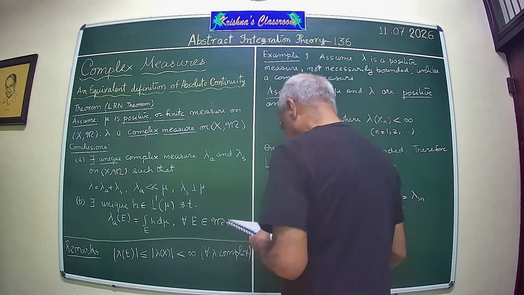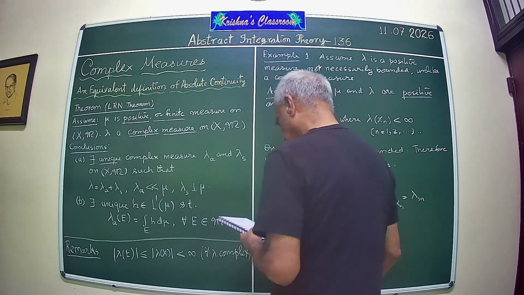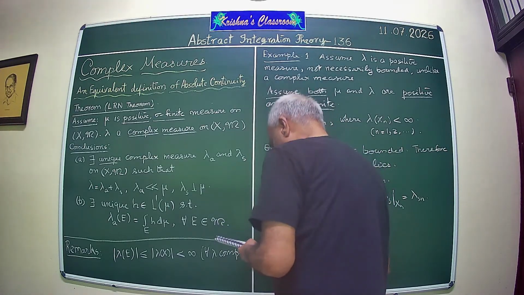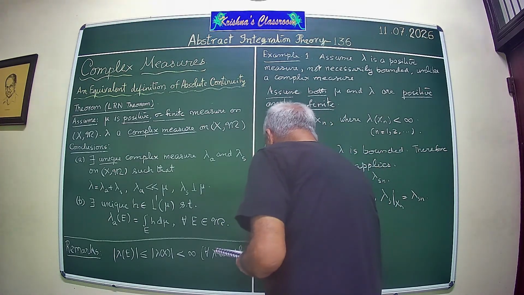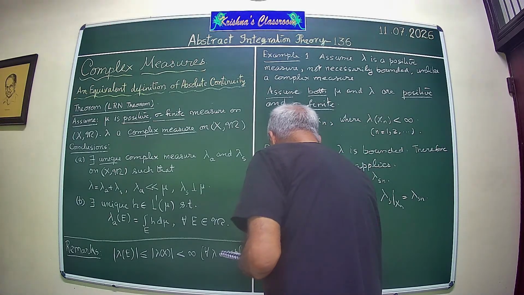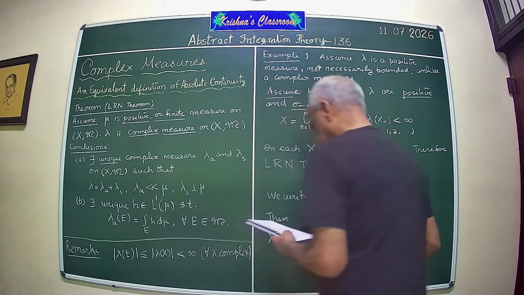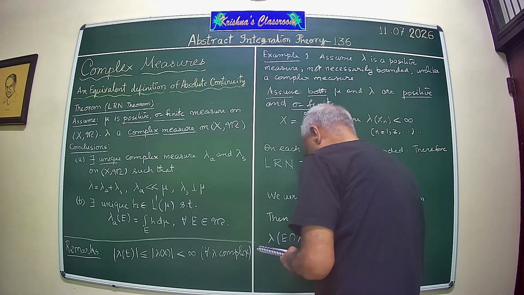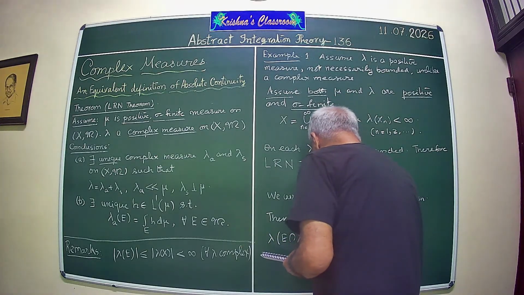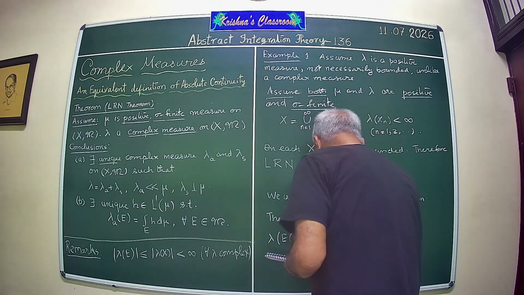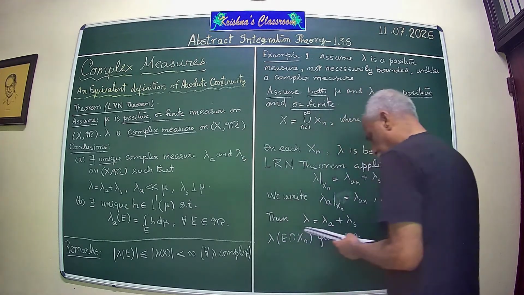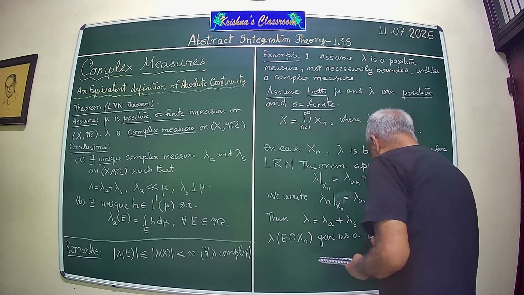Therefore lambda_a^n and lambda_s^n give us a Lebesgue decomposition of lambda.